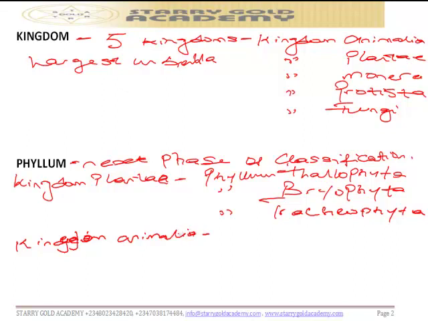we have nine phyla. They are phylum Mammalia, phylum Coelenterata, phylum Annelida.